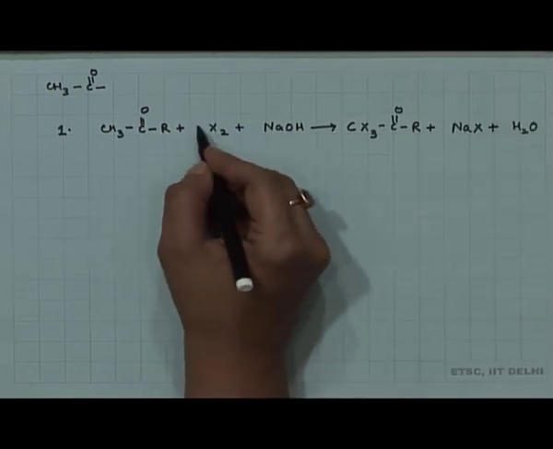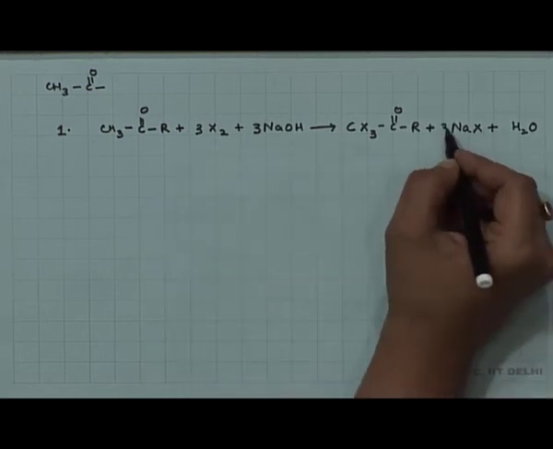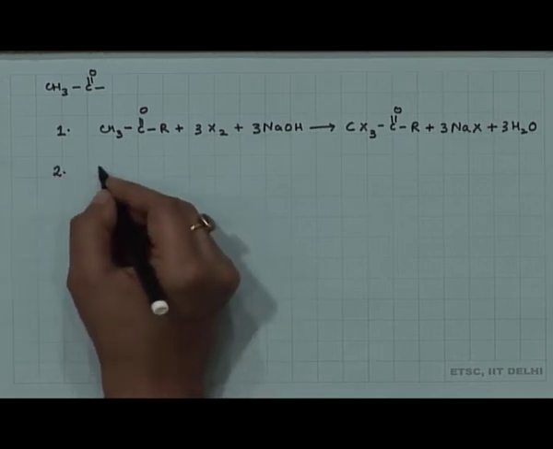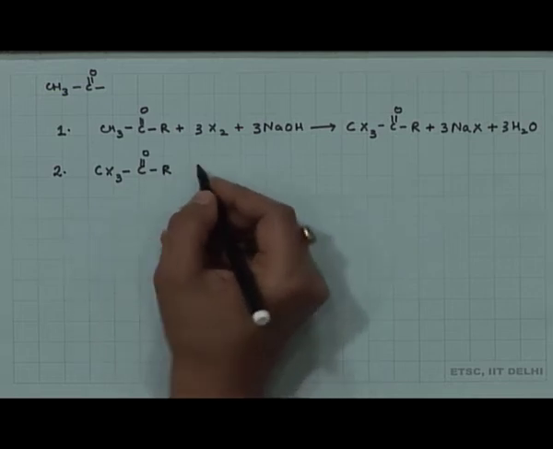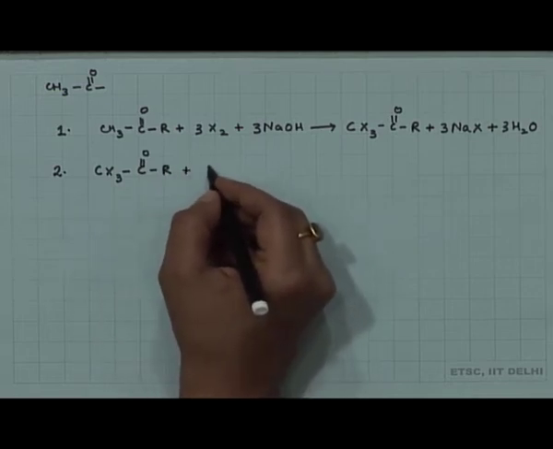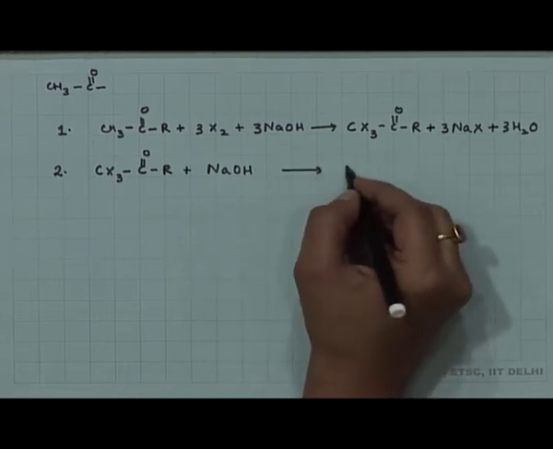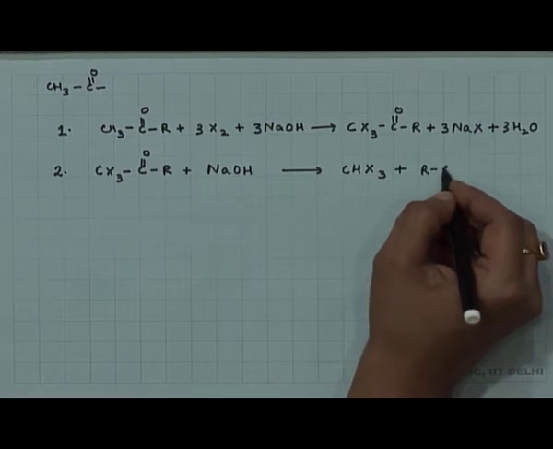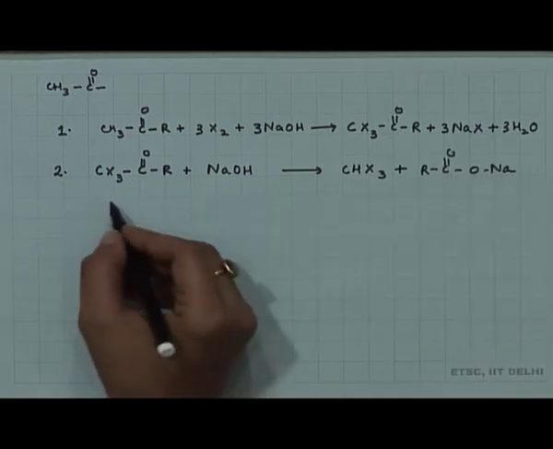Again, if you balance this, it requires 3 moles of halogen and 3 moles of NaOH. The second step is the same, which is the hydrolysis of the halogenated ketone. You treat it with NaOH, again 1 mole, and you get your haloform along with formation of the sodium salt of the corresponding acid.